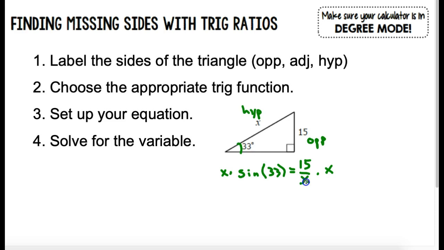That'll cancel out the x's over here, and we'll have x times the sine of 33 equals 15. Now, one more step to solve for x, I want to divide both sides by the sine of 33. Dividing is how we undo multiplication.